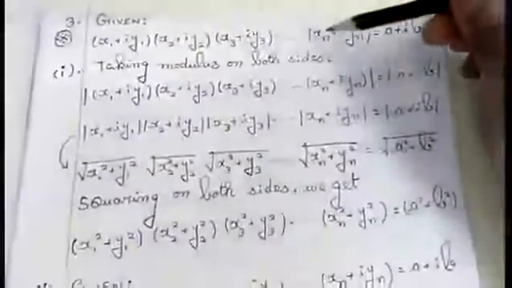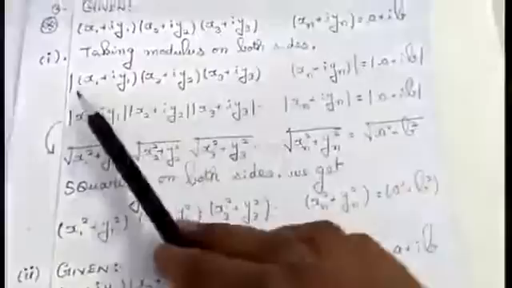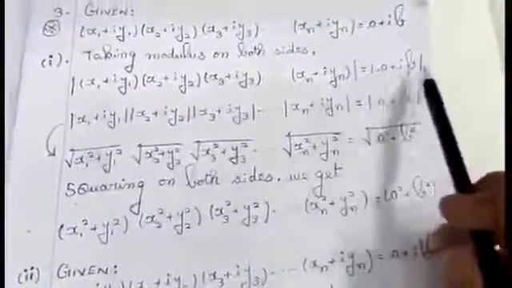Exercise 2.7, third sum. They have given you the product of complex numbers, that is x1 plus iy1 and so on till xn plus iyn equals a plus ib. For the first question, I am going to take the modulus on both sides. On the left hand side, I take one whole modulus, equal to the modulus of a plus ib.